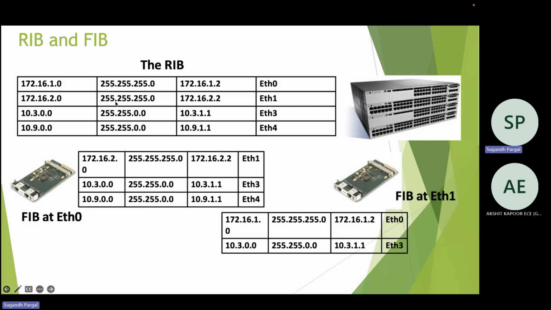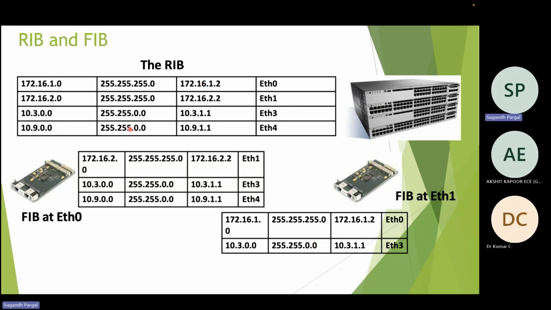So take this example. This is the RIB, which has these four lines of information. This RIB contains the source IP and the destination IP, the intermediate router, and to which next router it wants to transfer the information. So this routing table is implemented at the control plane.